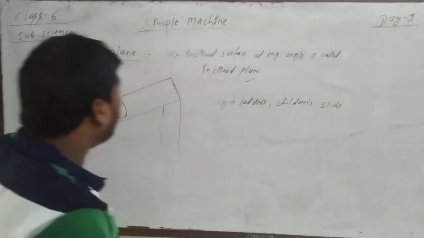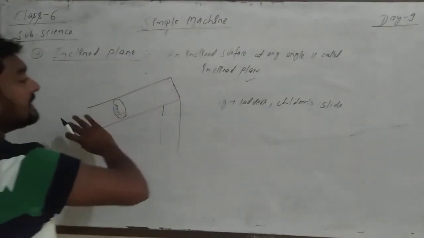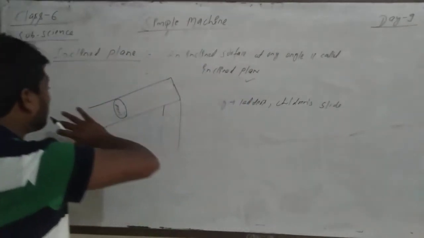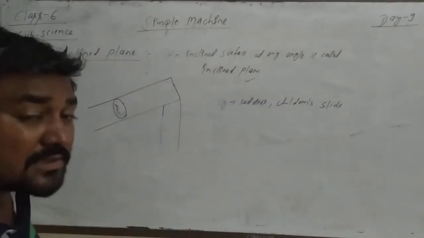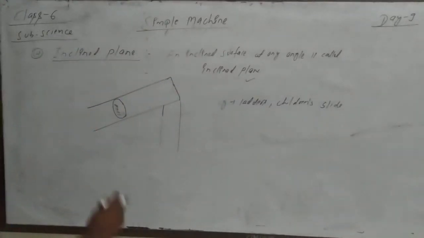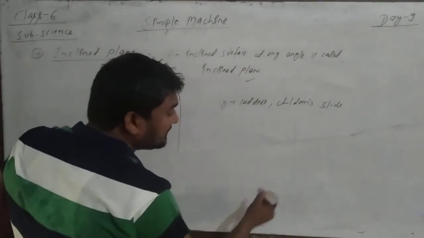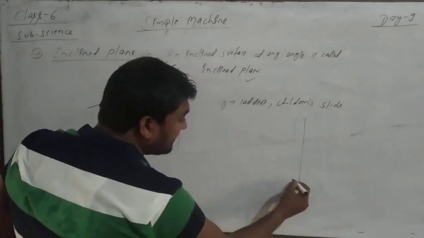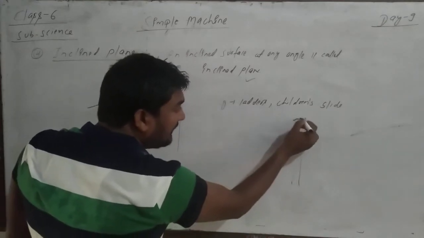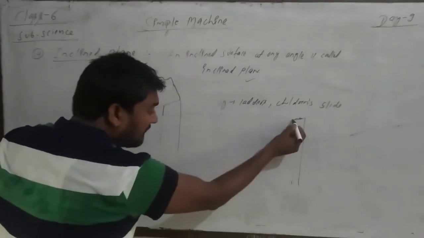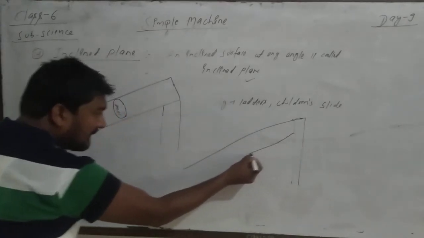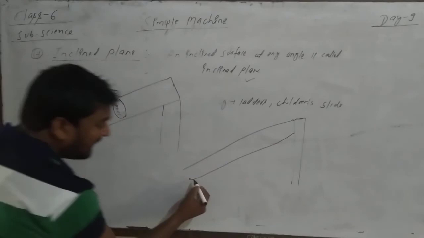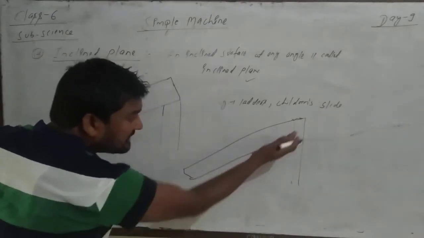If the inclined plane is larger, meaning longer, then less force is used. But when the inclined plane is shorter, suppose this is the height, and you have to lift the load here. Suppose one inclined plane is like this, from here it's longer.